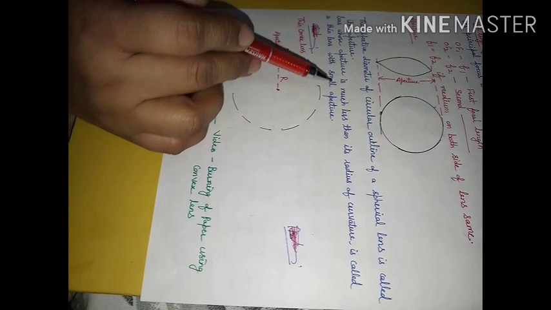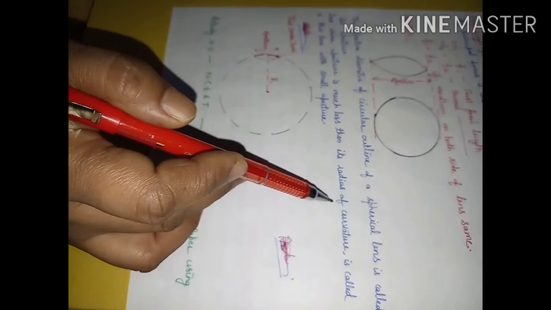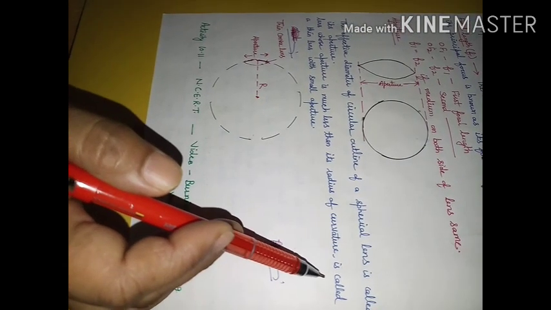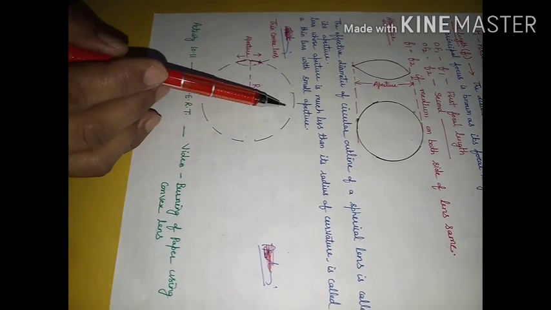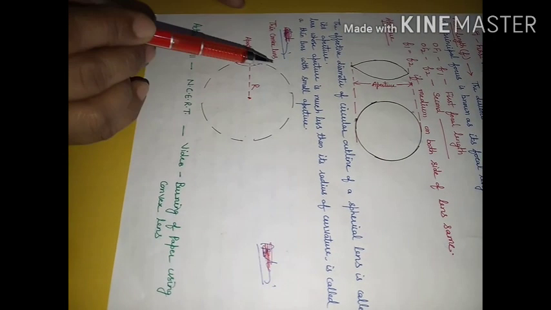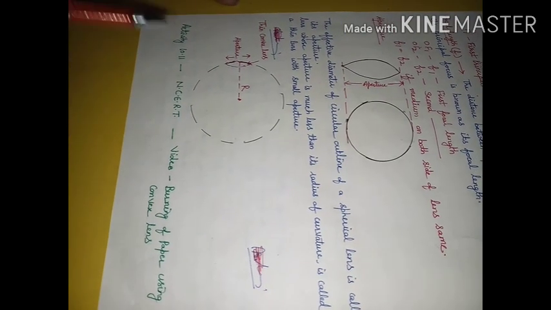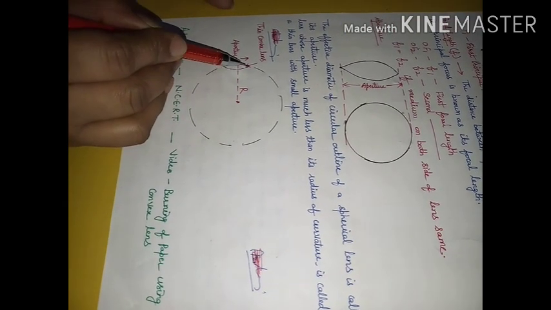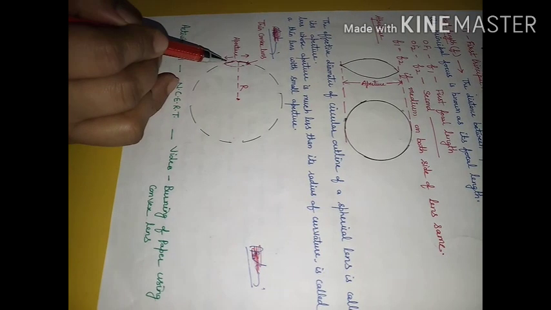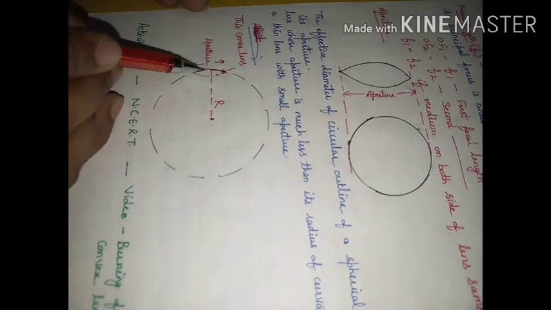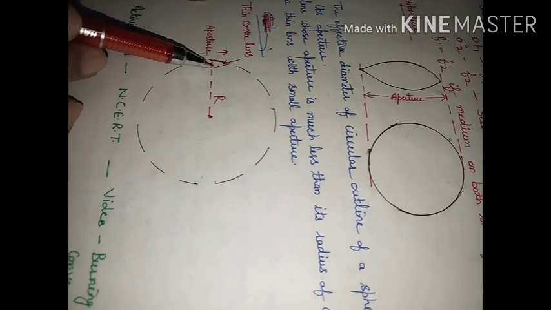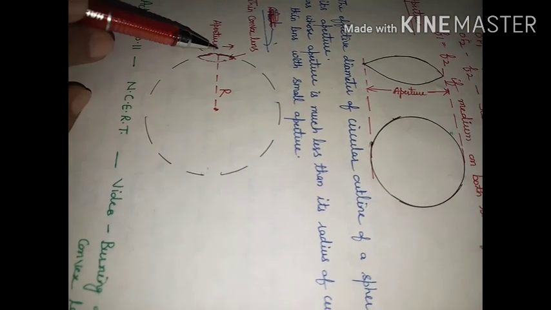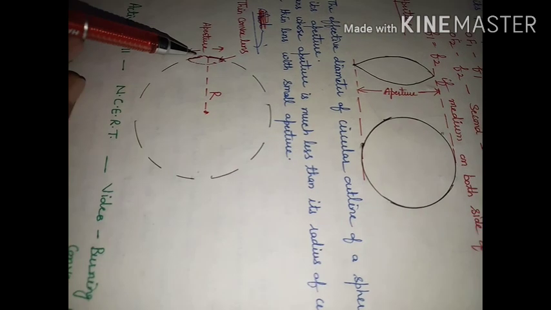A lens whose aperture is much less than its radius of curvature is known as a thin lens with small aperture. Let me consider a very big sphere, and from that big sphere we make a lens of this much small size. So its aperture will be this, and this aperture is very small as compared to the radius of the sphere of which this lens is a part.